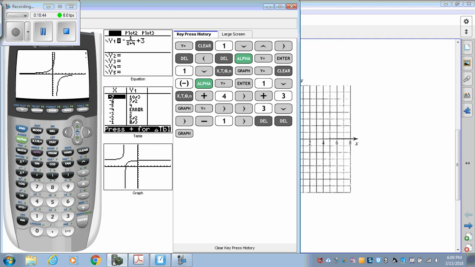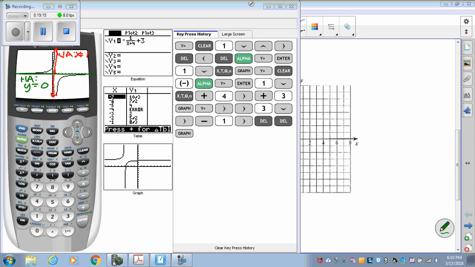If I graph that, it moved over to the right 1. I can see my vertical asymptote is x equals positive 1. My horizontal asymptote is right here, at y equals 0.